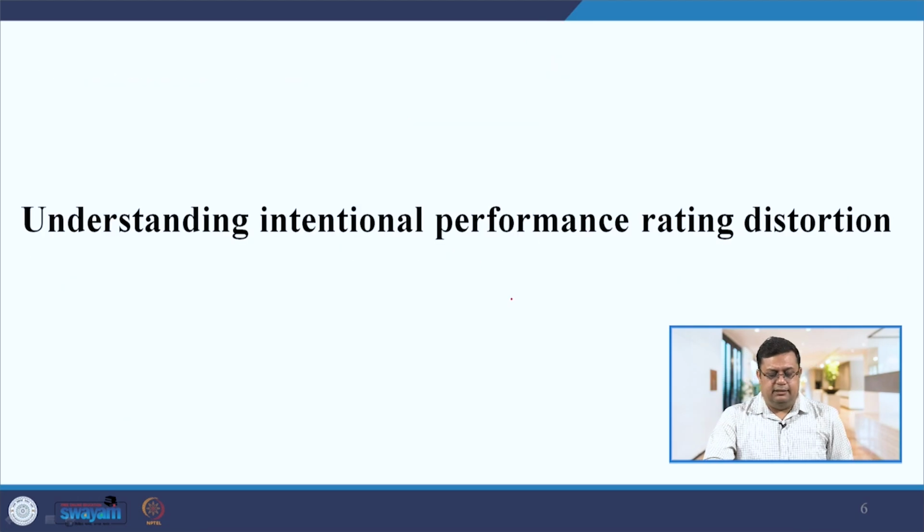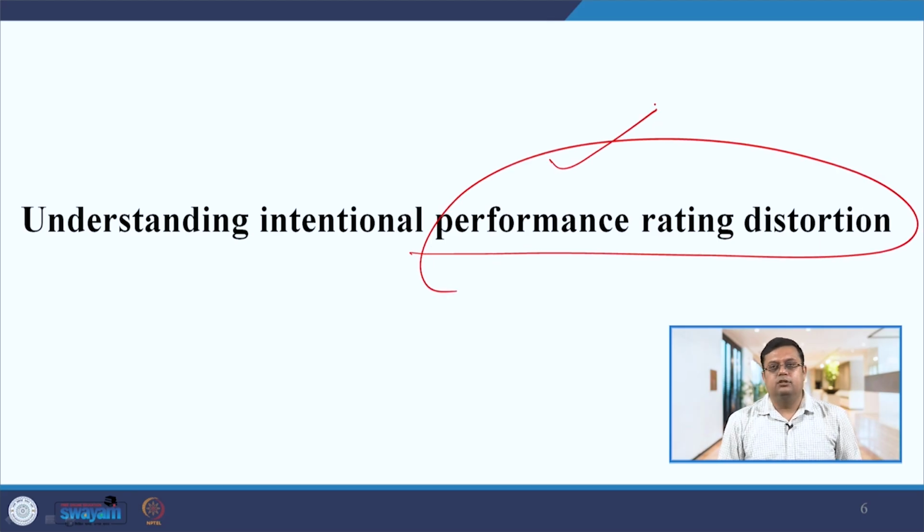Now, let us understand one of the biggest problems that all organizations face: performance rating distortion. I don't think there is any organization where performance ratings are not distorted. Almost among all organizations, performance ratings are distorted. So, you have to analyze what the reason is. What would be the source of data collection for this?